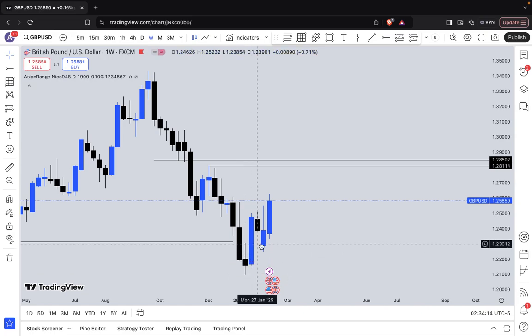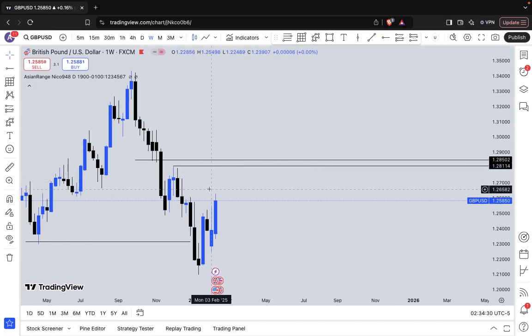So price is giving us lower highs, to mitigate the monthly fair value gap before we continue to the downside.